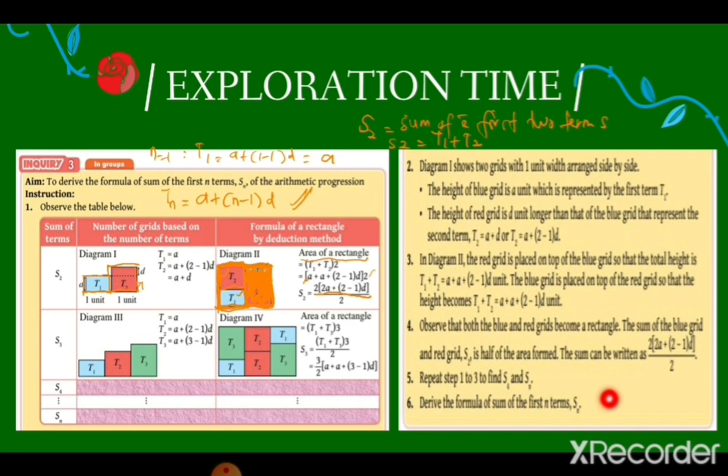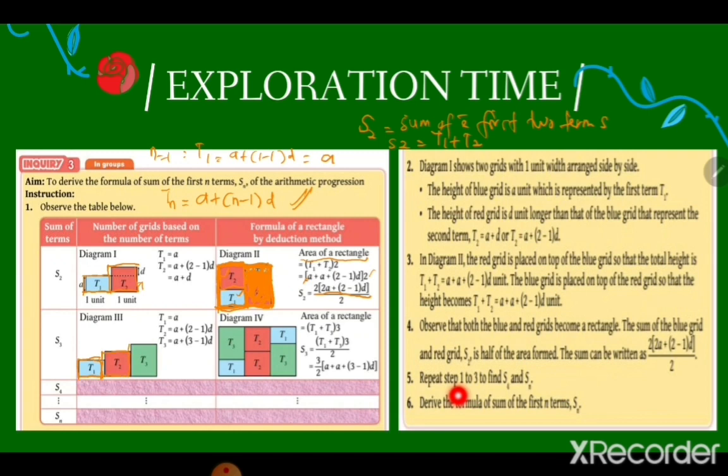And then we look at the S3 case. The same thing. This is the original one.